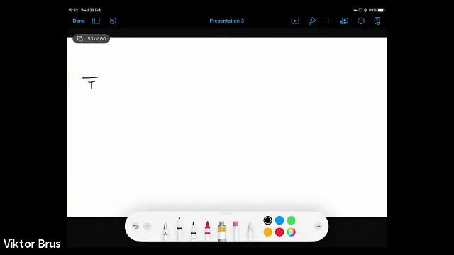We have some battery. We have a switch here, let's say. Then we have a capacitor. Then we have a resistor.